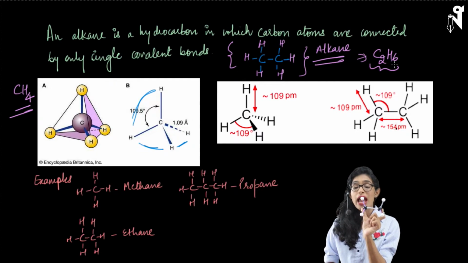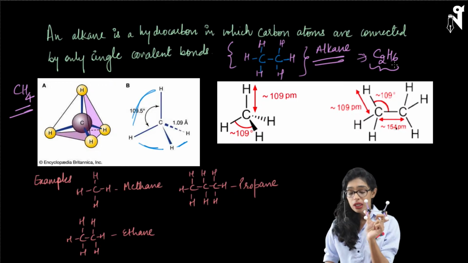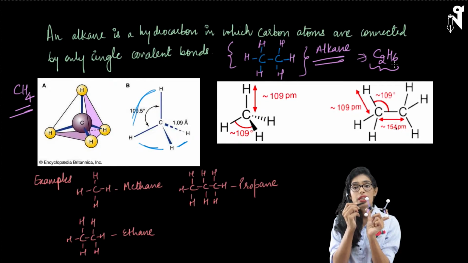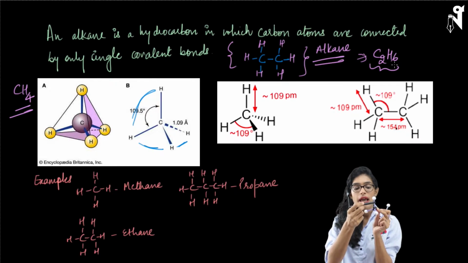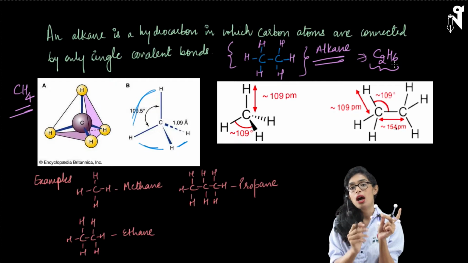When you talk about the bond angle, the bond angle will be between this carbon hydrogen and this carbon hydrogen bond, and this is going to be some angle which is going to be the same as the angle between this and this, and this and this, within one carbon.